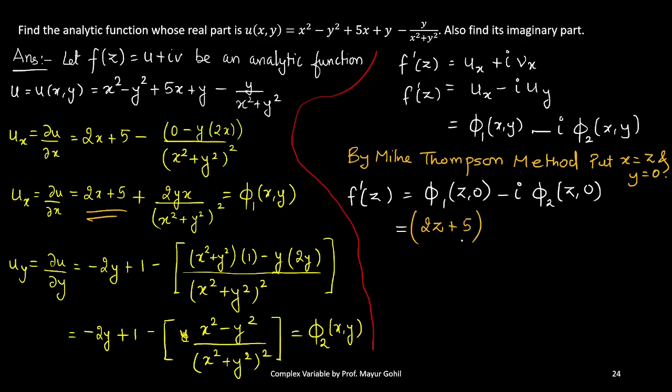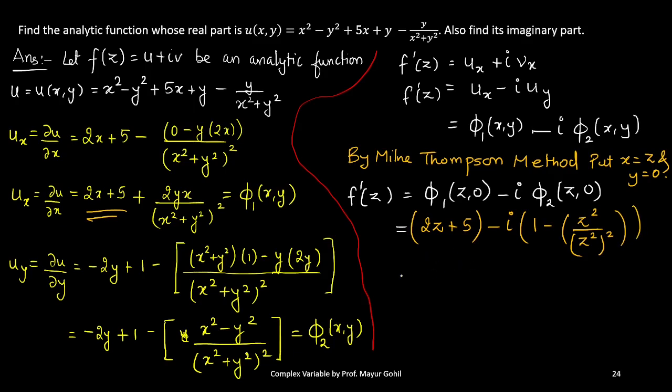So we have got our first term minus I times, what about here, the first term minus 2y collapses and we get 0, and then there is plus 1, so we write that 1, then minus, inside the bracket there is z square minus 0 square, so that's gone, over z square the whole square, because there is plus 0 square, so that's going to be here.